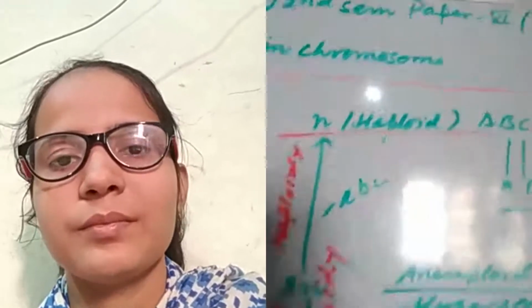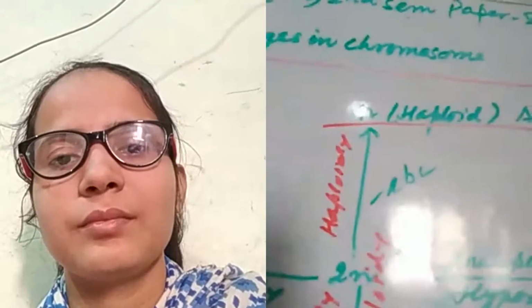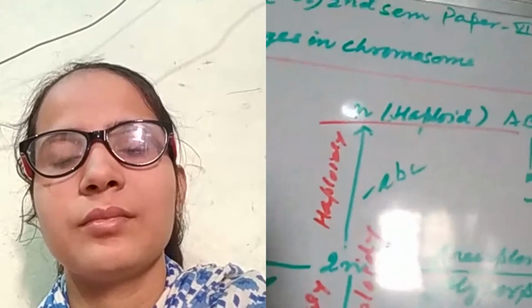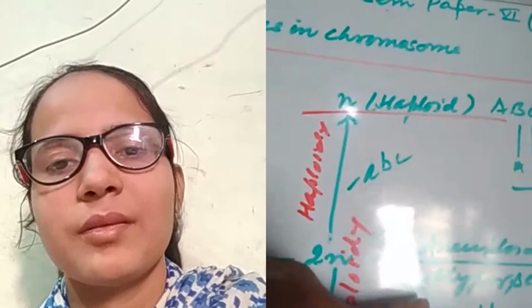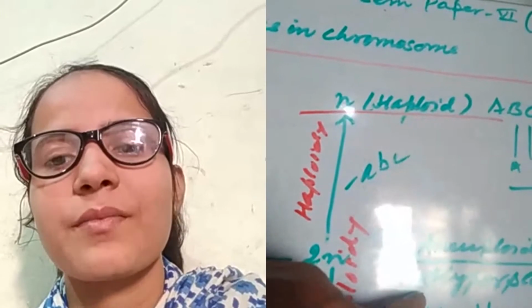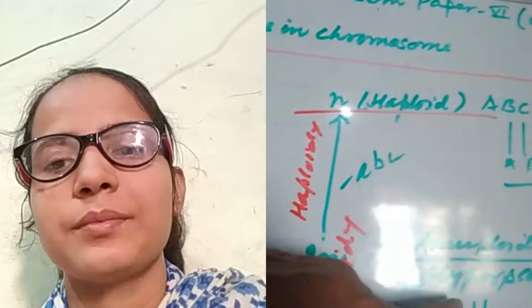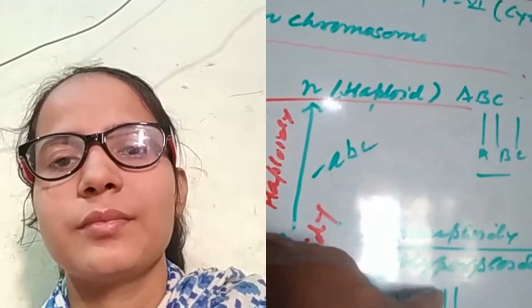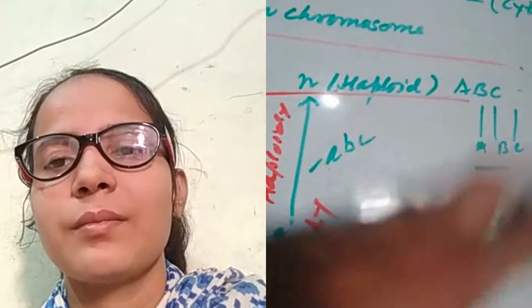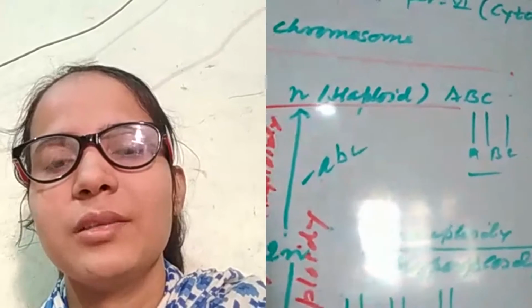So we have pairs of chromosome, and each pair has 1 chromosome from the paternal side and 1 chromosome from the maternal side. This is the second pair having 1 chromosome from paternal side and another from the maternal side. This is the third pair having 1 chromosome from paternal and another from the maternal. So there are 3 pairs of chromosome.